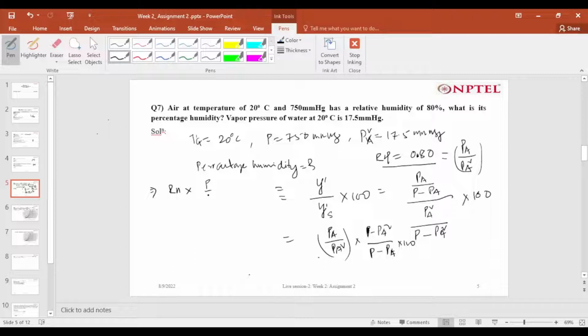Just put all the values here and calculate. It's a simple one, simple calculations. So I got 79.61%. All of you got this value? Am I audible to all of you?